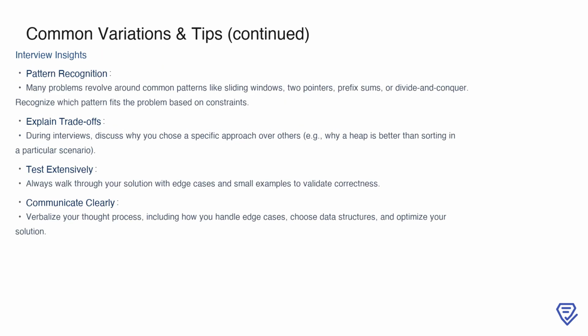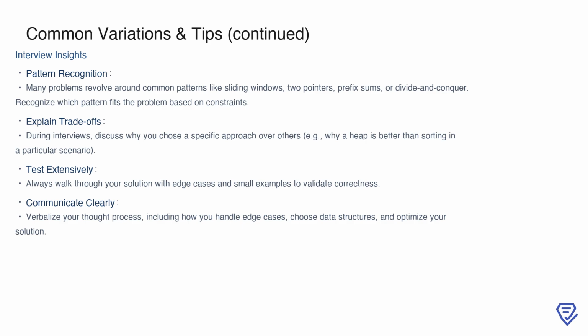When preparing for interviews, there are some key insights to keep in mind. Recognizing problem patterns is essential. Many problems are based on recurring techniques like sliding windows, two-pointers, prefix sums, or divide and conquer. Identifying the right pattern based on the constraints can significantly simplify your approach. It's also important to explain trade-offs during interviews. For example, if you chose a heap-based solution, explain why it's more efficient than sorting in that specific scenario.